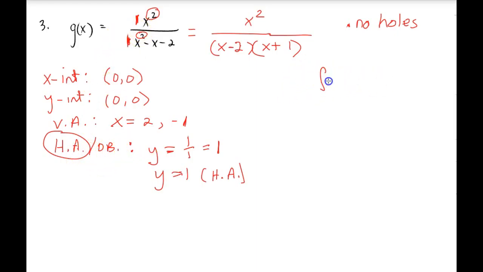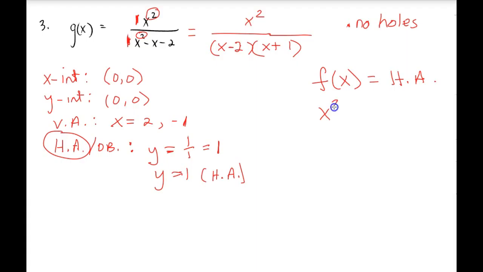Here we just say let f of x equal the horizontal asymptote. So we set our function, x squared, oops, that didn't turn out so hot. Let's just start over.